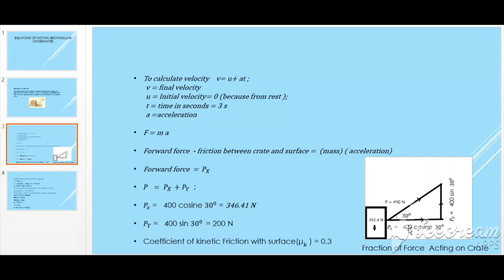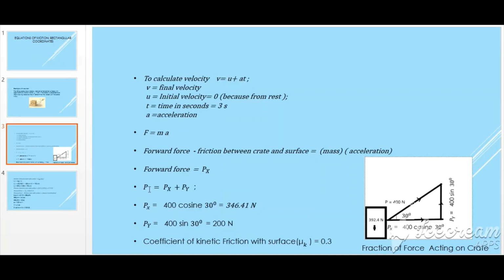So force Px is acting forward and Py is acting upward. So these are the components of the force. The forward force here is 400 times cosine of 30 degrees, so first we identify this Px.